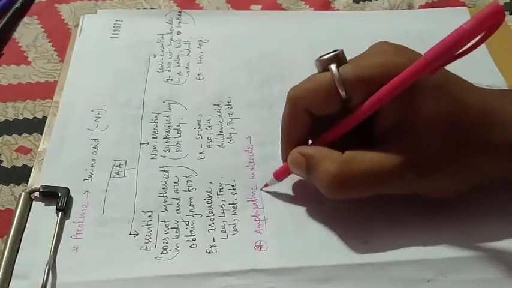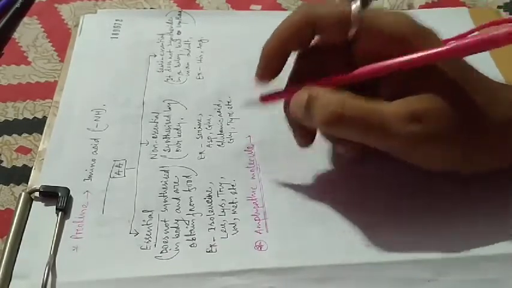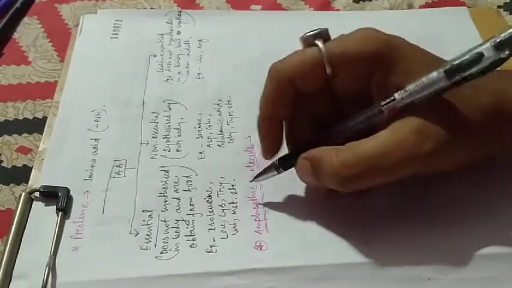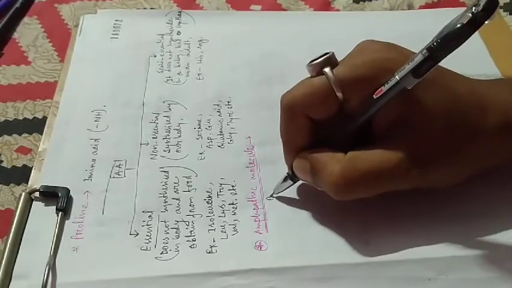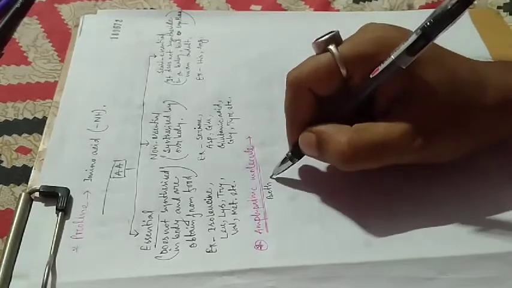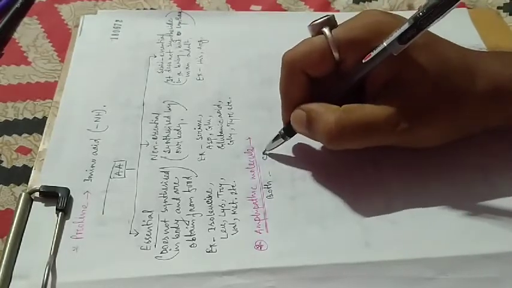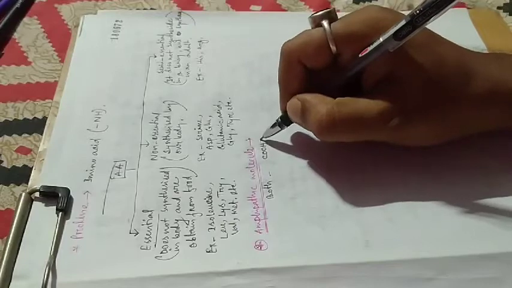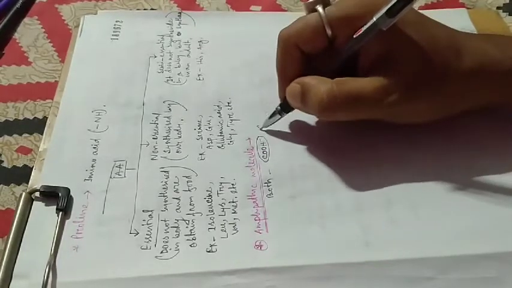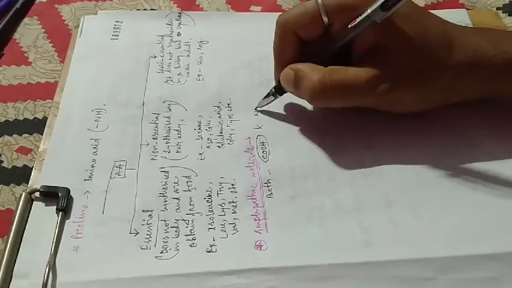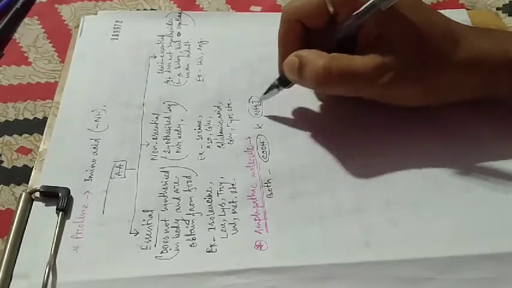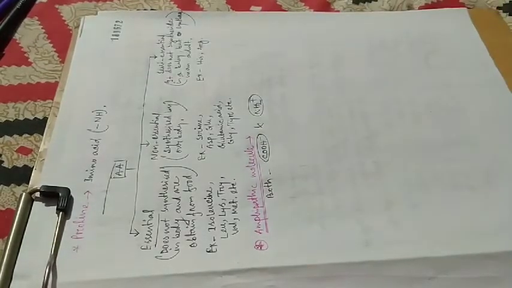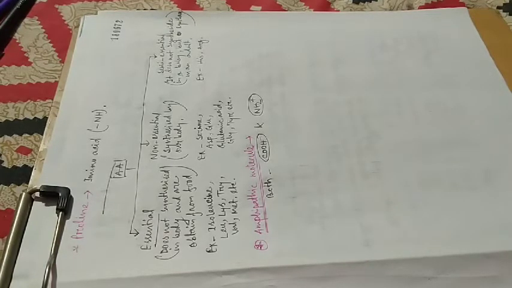Amino acids are also called amphipathic molecules because they have both the carboxyl group, meaning COOH, and also the NH2 group. So in a medium it acts as a cation and also as an anion. For that reason the amino acid is also called an amphipathic molecule.